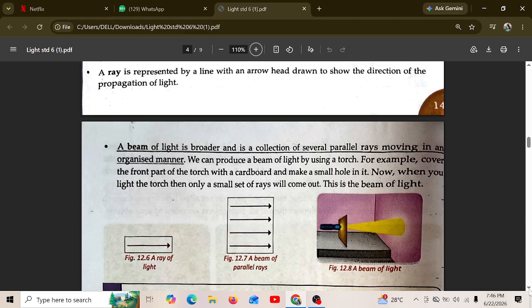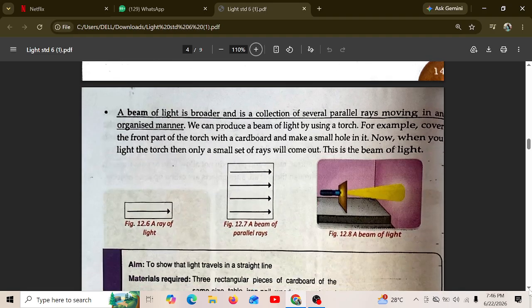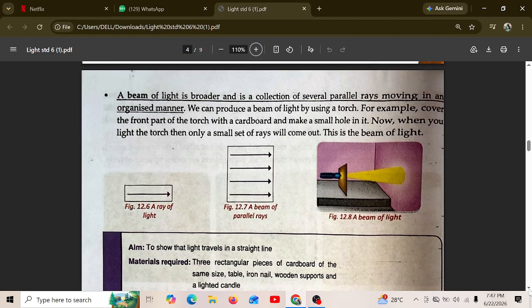So if you are asked whether a ray and a beam of light are the same thing, the answer is absolutely no. A ray is very singular, but a beam of light is a plural thing. It is a wider, broader thing in general. So remember these points whenever you are understanding the beam of light or a ray of light.